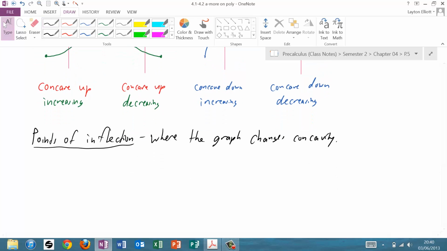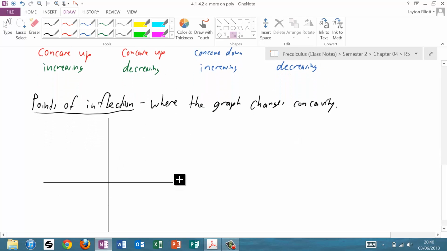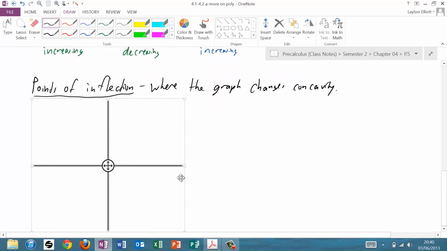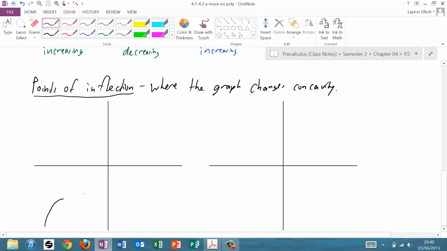So let me show some examples of points of inflection. I'm going to do two grids right by each other, side by side. And here's a grid with, on the left here, let's do a region like this. Let's go like that. That's a bad example. Well, let me try drawing that again.